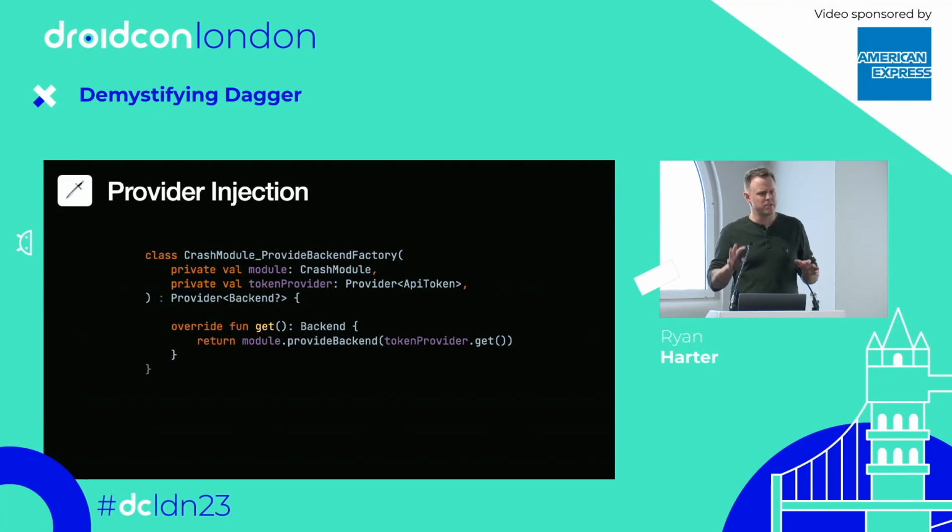Before we move on, there's one other thing that I wanted to just mention real quick. Modules are mostly not necessary. I mentioned they're used for cases where there's objects that you don't own that you need to configure in some way.